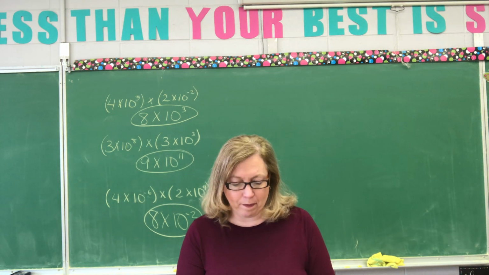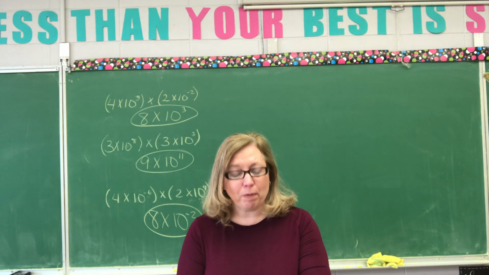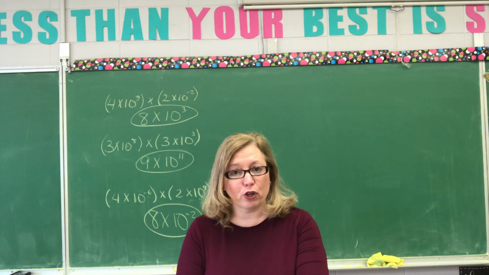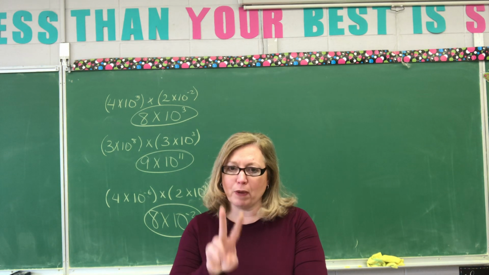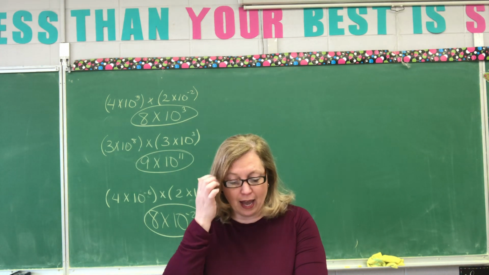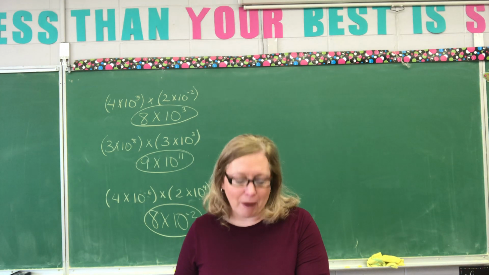Try letter C. If you have 2 times 10 to the 10th power times 2 times 10 to the 3rd power, what would your answer be? Multiply the first two. 2 times 2 is 4. And times 10 to the 13th power.